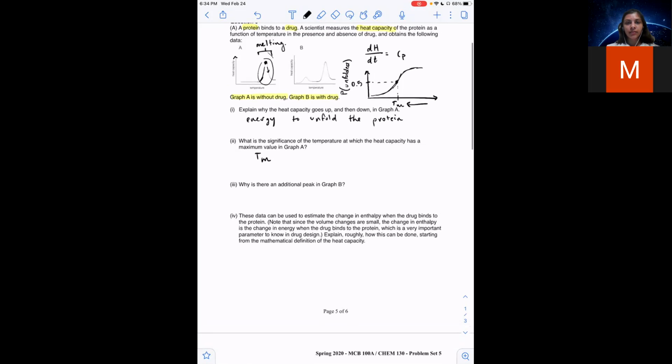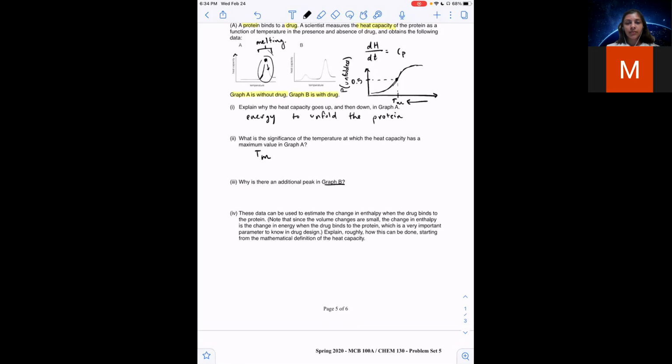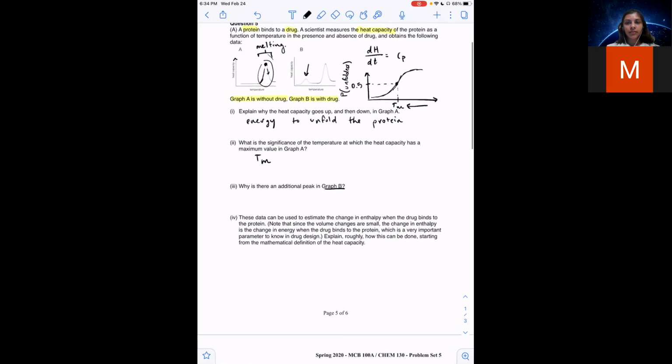All right. So now we're moving onto graph B, and it's asking what the purpose of this peak right here is. There are 2 interactions that we're dealing with here. We're dealing with the protein interacting with itself when it's unfolding, and then also the drug-protein interaction.